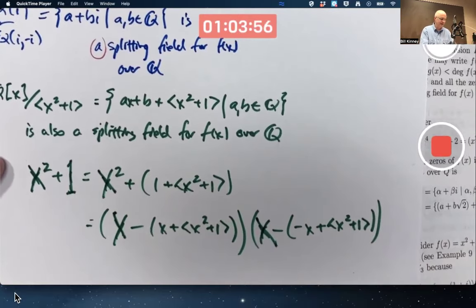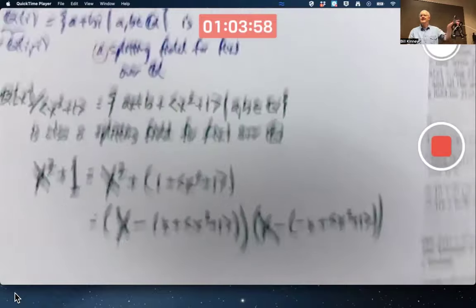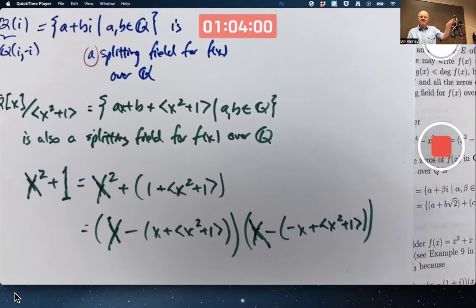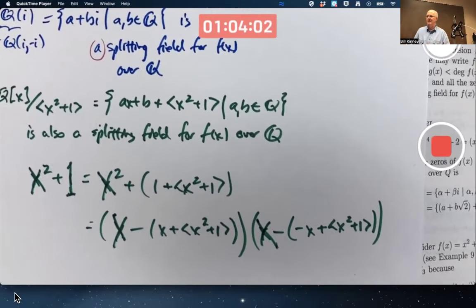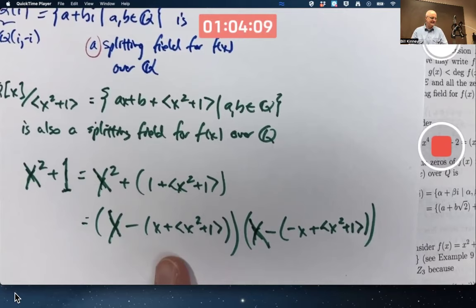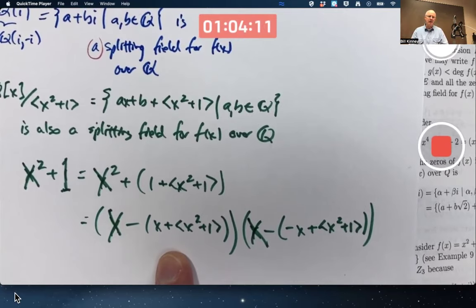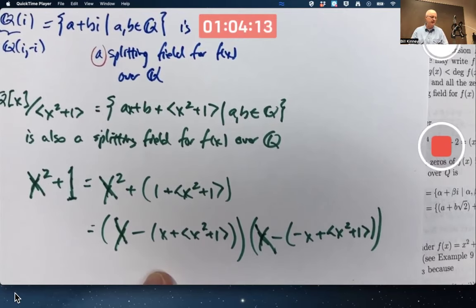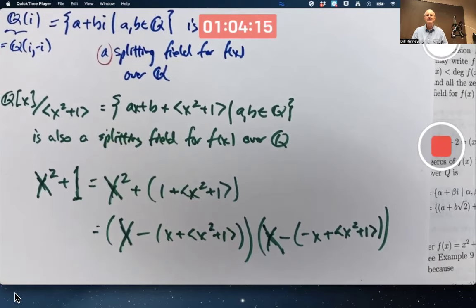Those x's are different than the other x's. The capital X is just sort of an arbitrary variable, you might say, an indeterminate for a polynomial here. The lowercase x's is more referring to ordinary polynomials and this particular factor ring.